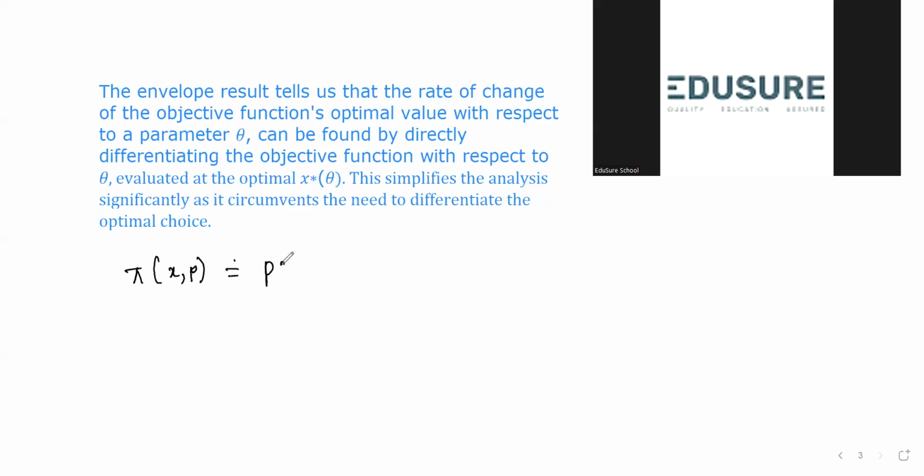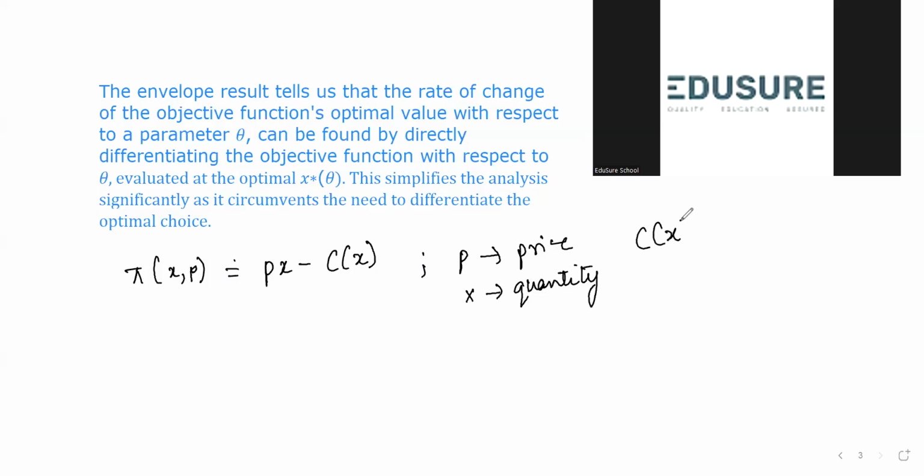Revenue I take as px, minus the cost, which is a function of x only. Where p is the price, x is the quantity, and c(x) is nothing but the cost that the firm faces.